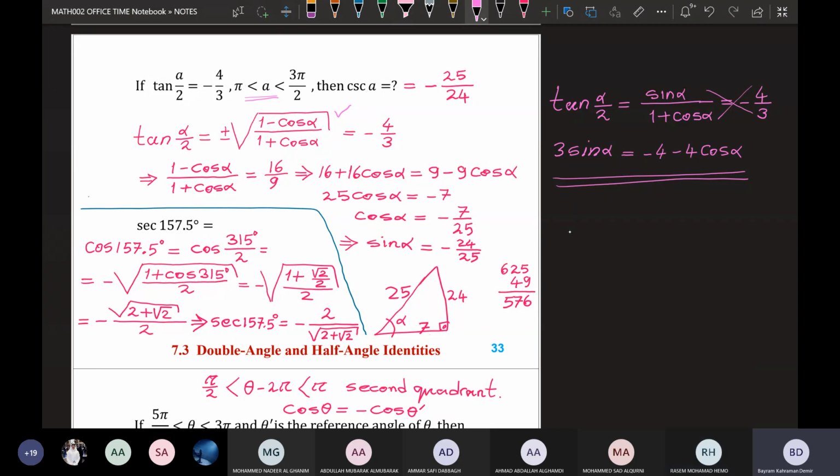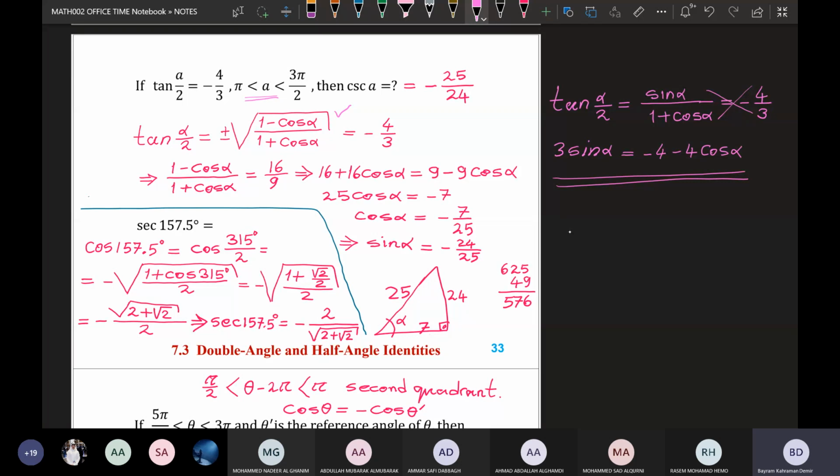Perfect. So Shabab, cosine of 315 is in the fourth quadrant, right? Cosine is positive, yes, and the reference is 45. So cosine of 315 is equal to cosine of 45, which is root 2 over 2.